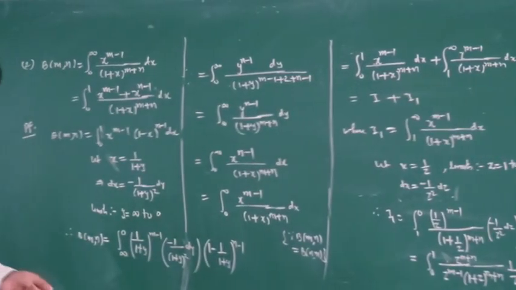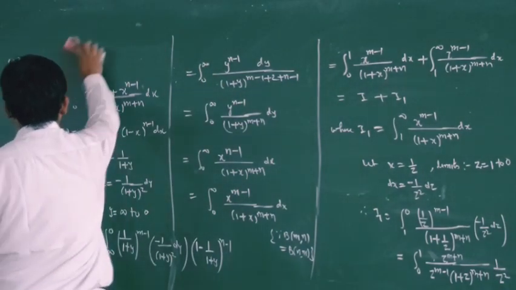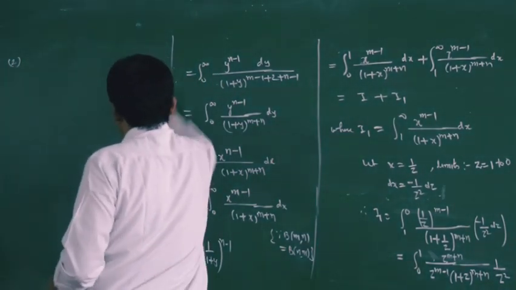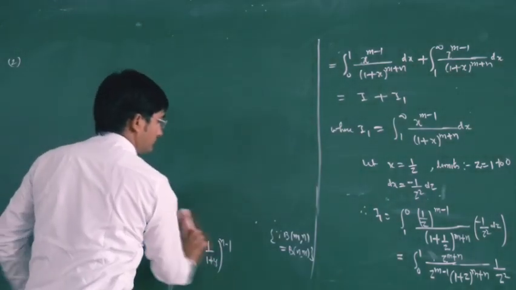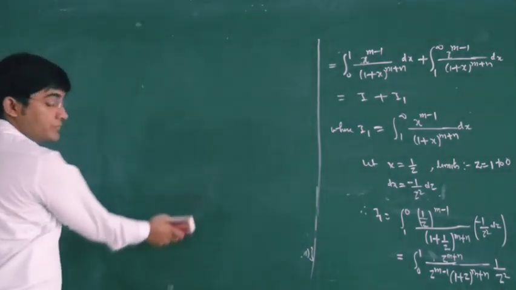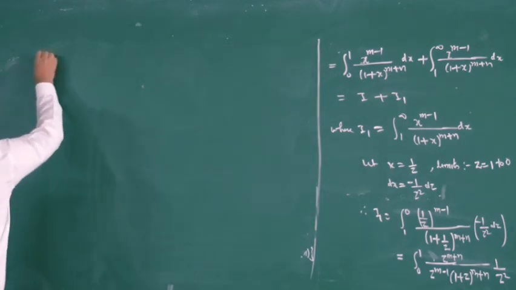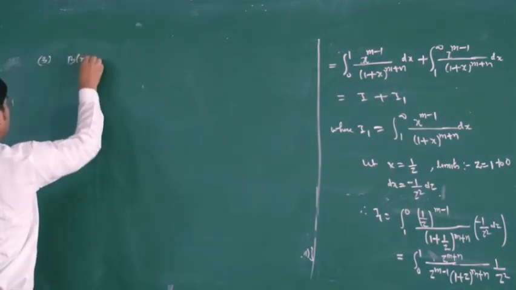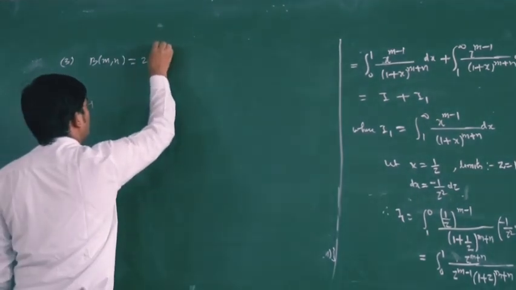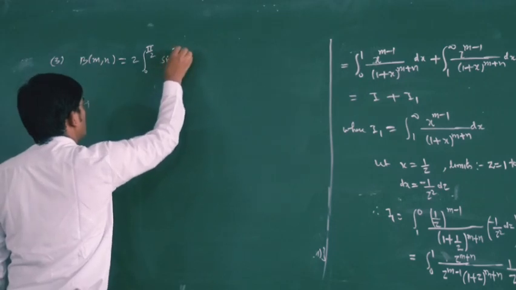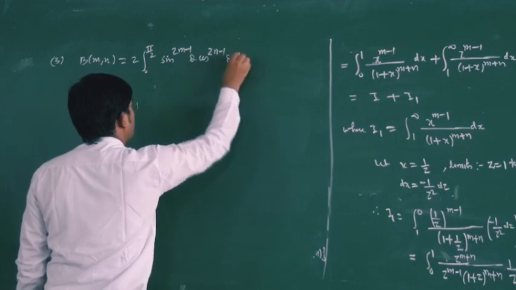Then coming to the third property, your beta mn is equal to 2 times integral 0 to pi by 2 sin power 2m minus 1 theta into cos power 2n minus 1 theta d theta.